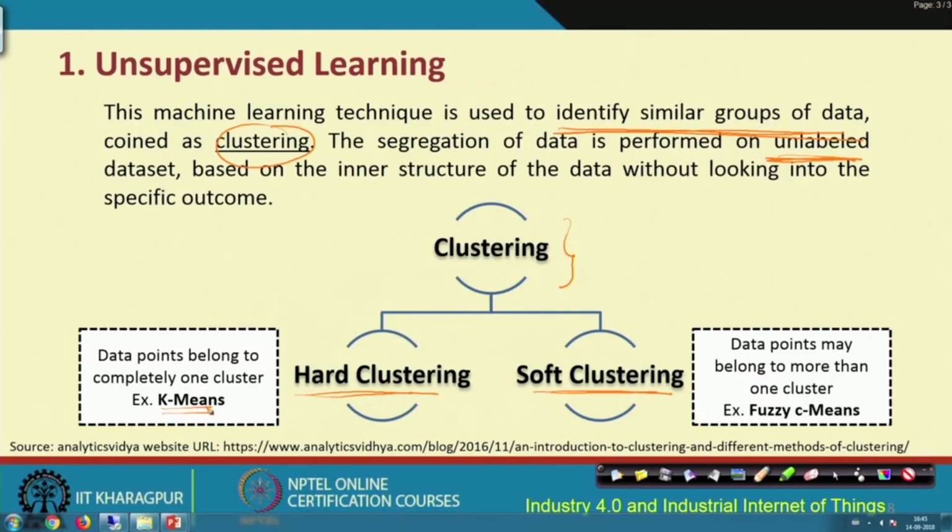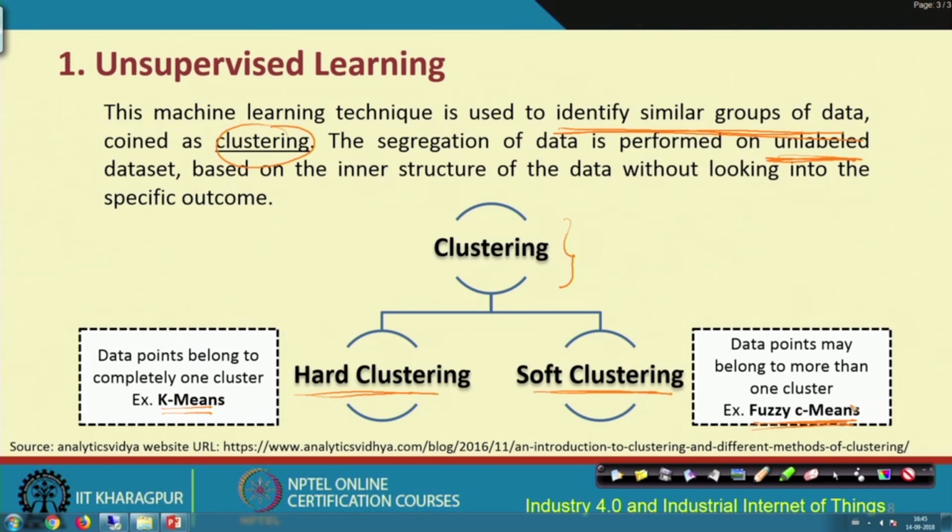In soft clustering, soft computing techniques such as fuzzy logic are used in order to come up with faster classifications, extremely faster clustering, but the clustering is not hard, and techniques such as fuzzy C-means, which is based on the concept of fuzzy logic, is an example of soft clustering where the data points may belong to multiple clusters, right.